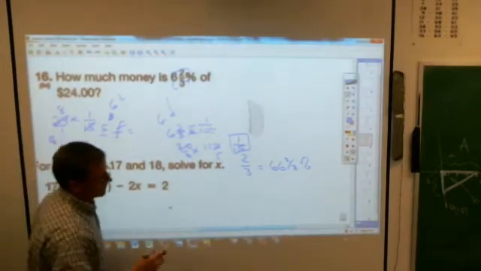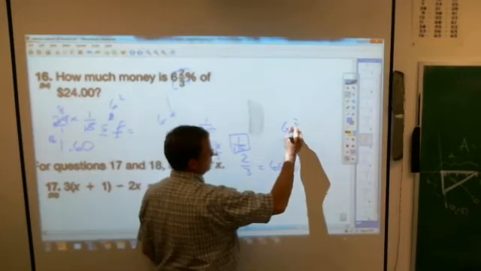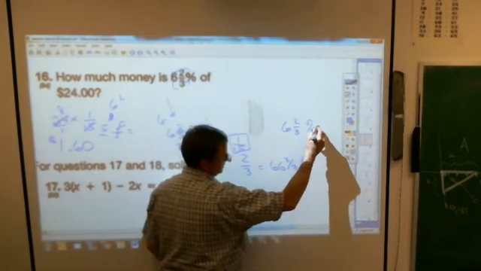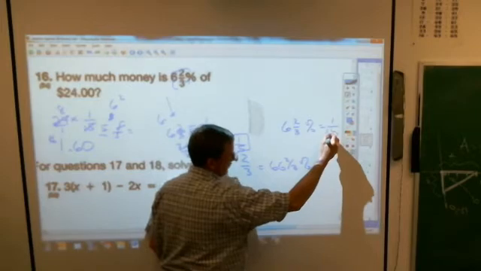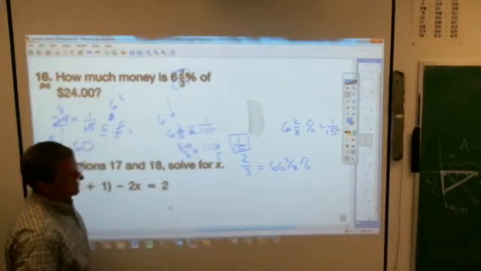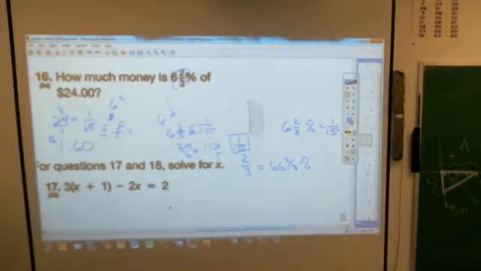So write in your notes, ladies and gentlemen, that 6 2/3% is 1/15. I'm guessing it's going to come up tomorrow. So for problem 16, I would just say multiply by 1/15. That's what 6 2/3% is.